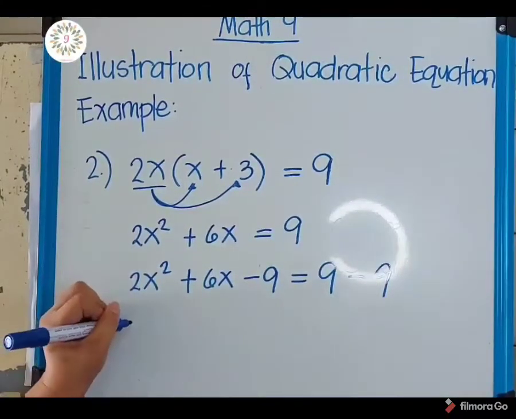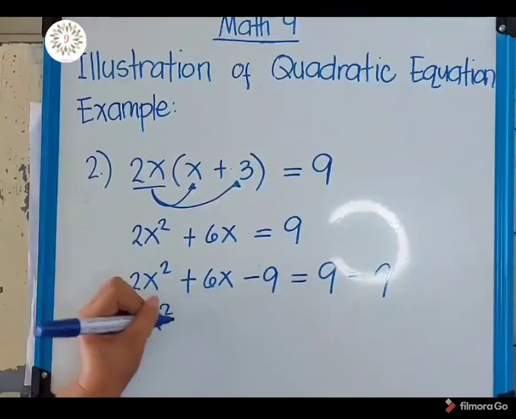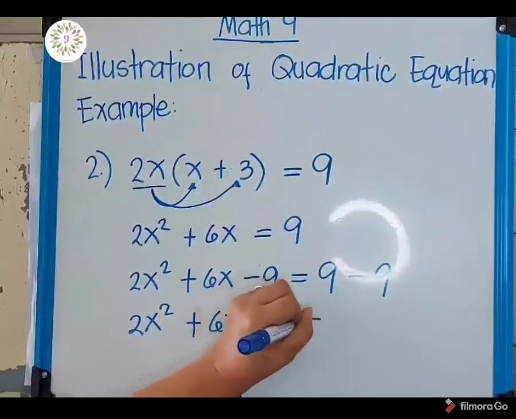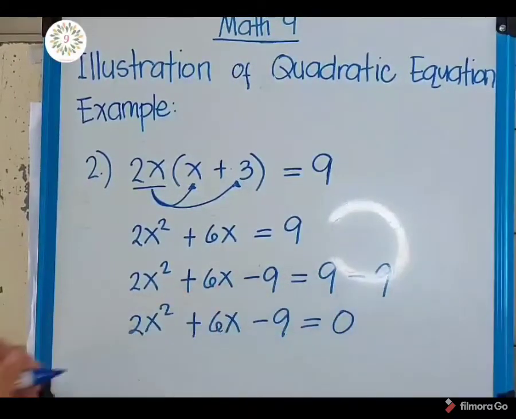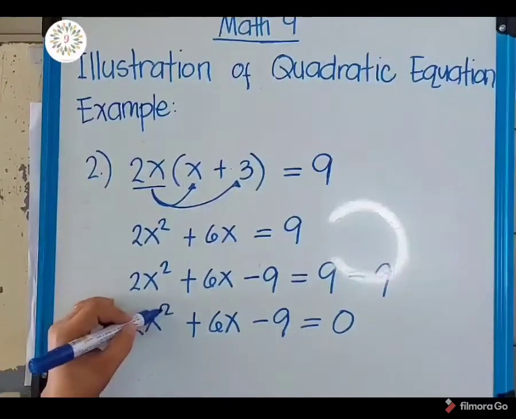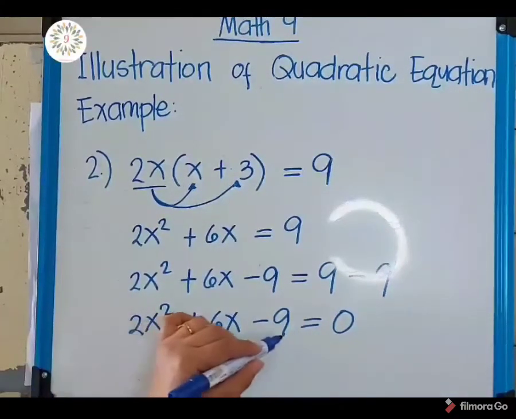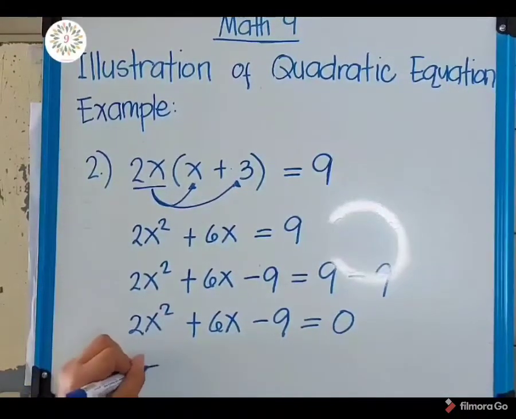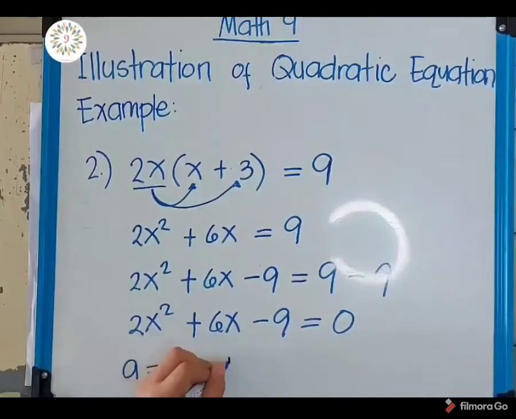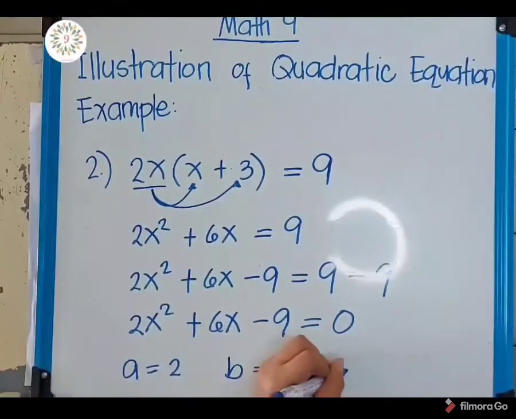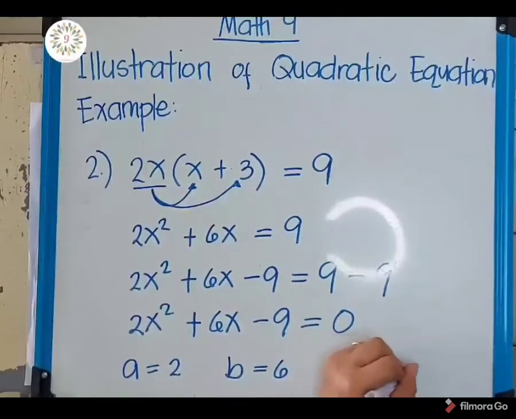This becomes 2x squared plus 6x minus 9 equals 0. Is this now a quadratic equation? Yes, it is, since the highest degree is 2. Now we can identify the values of a, b, and c. The value of a is 2, the value of b is positive 6, and the value of c is negative 9.